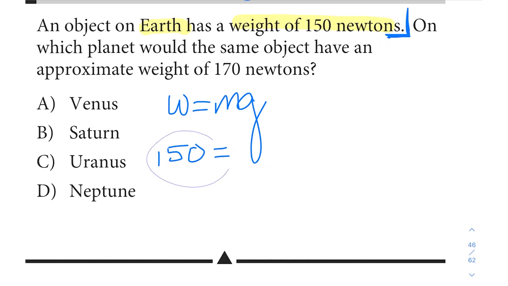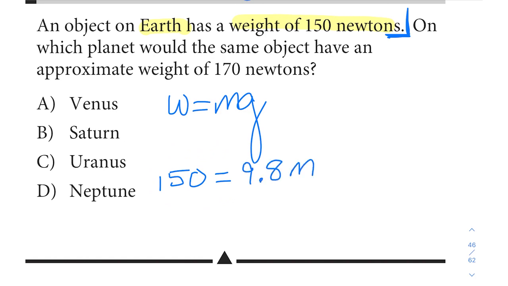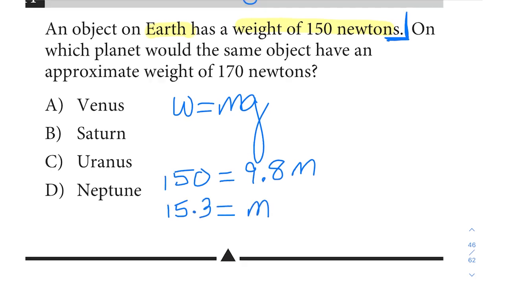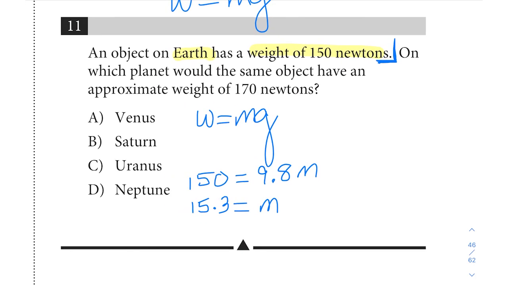So if I know that g is 9.8, I can use that to hopefully solve for m. So I would have 9.8 times m. And let's see what that comes down to. We can divide both sides by 9.8 on this. And if we do 150 divided by 9.8, we get 15.3 for m.